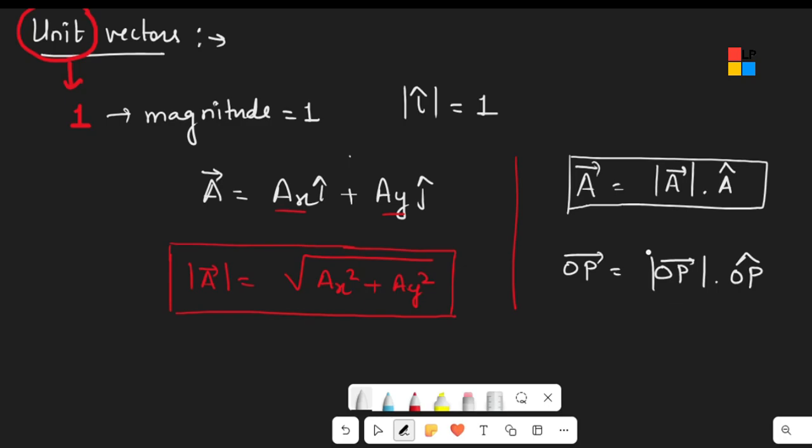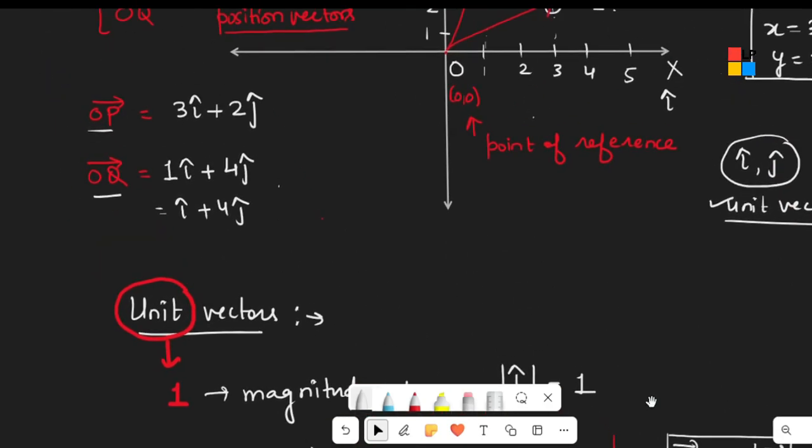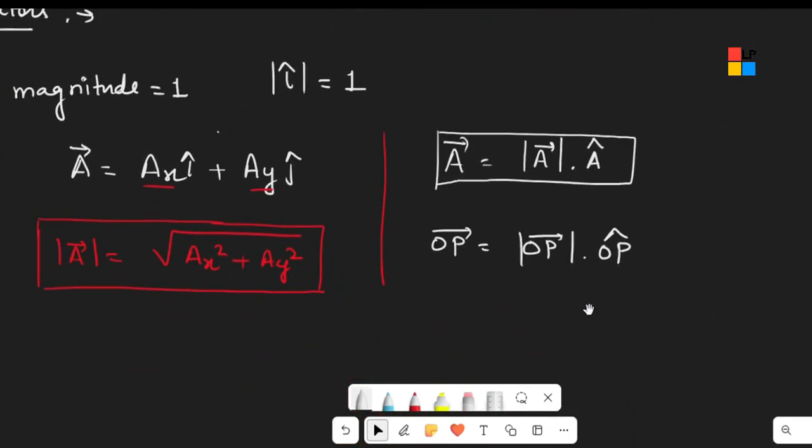Because the OP vector is a two-dimensional vector, it is interesting to know that the magnitude of the OP unit vector is 1, but the magnitude of the OP vector itself we can calculate. The OP vector was 3i plus 2j cap.